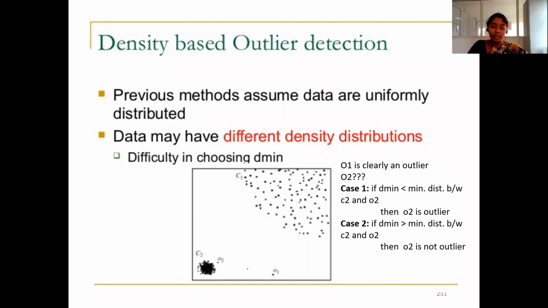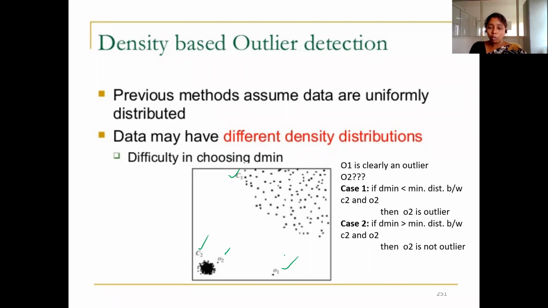What is the problem with the previous methods? Here, if you observe, we have two clusters, C1 and C2, and two objects, O1 and O2, that look to be outliers. These two objects are not mingled with the clusters, so they seem to be outliers.